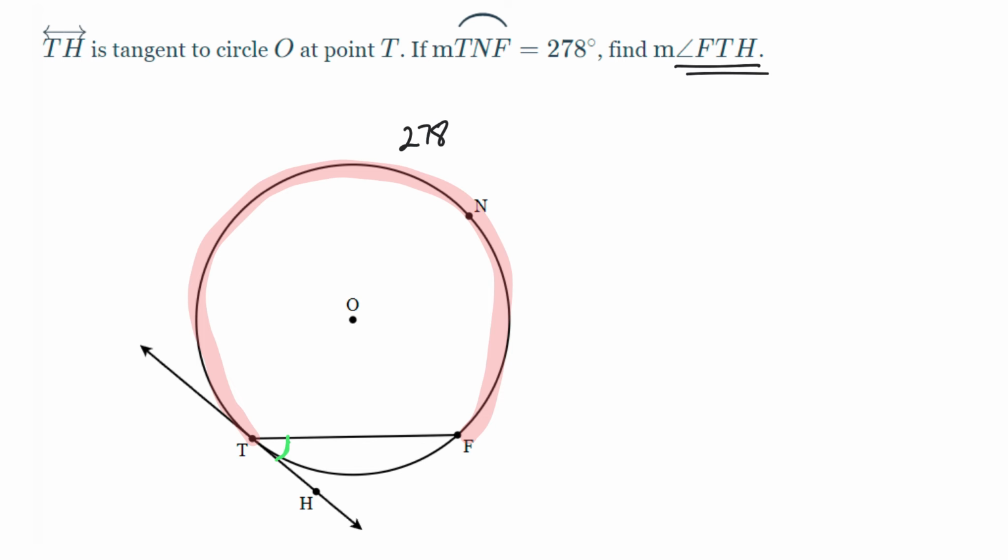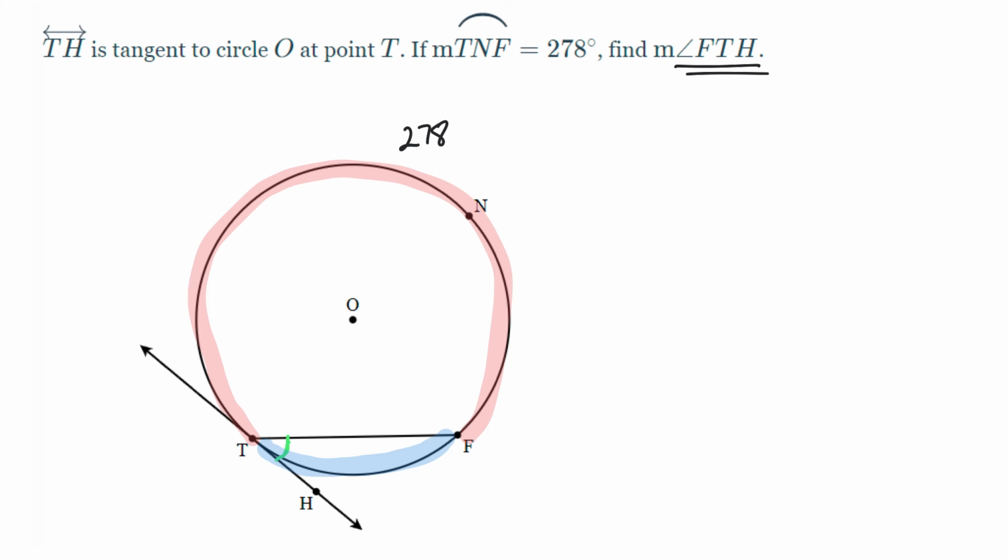Well, in this case, we can do one of two things. It really doesn't matter which process you use. You could find this angle right here and then subtract it from 180 because it's supplementary. Or you could do what I'm choosing to do here, which is to say this. If I knew this arc mark, I could just use the formula there.